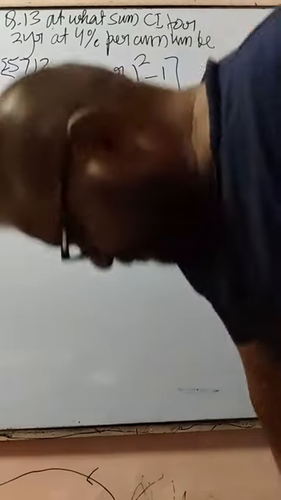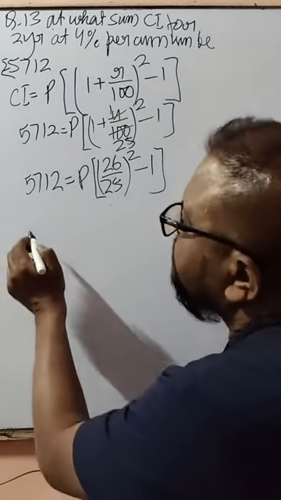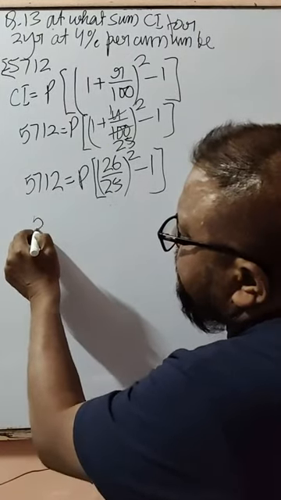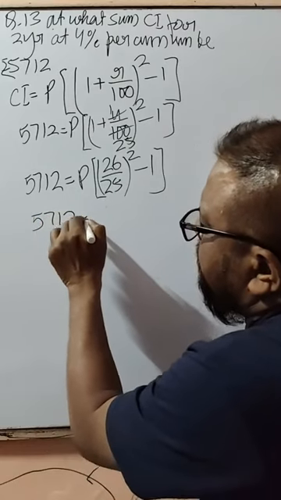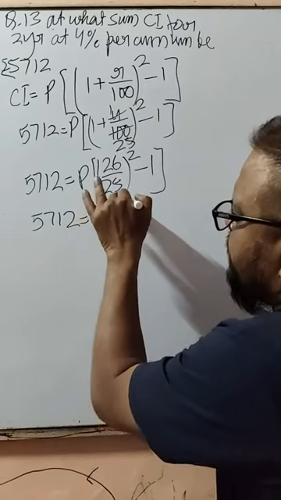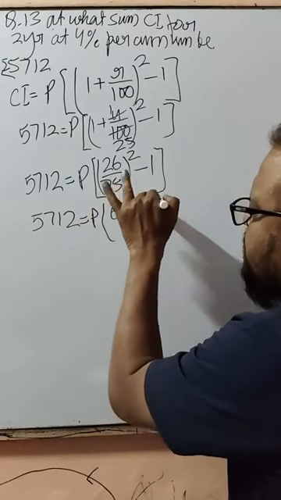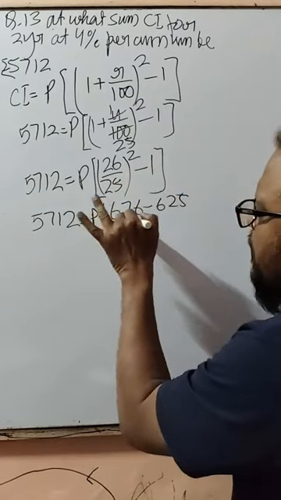So 5712 is equal to P bracket 676 minus 625 upon 625.